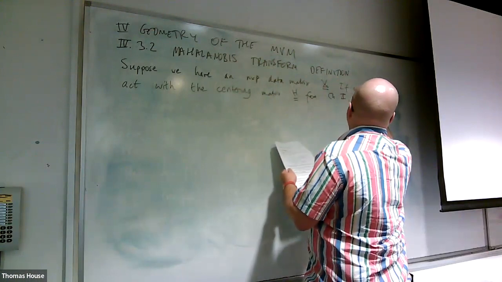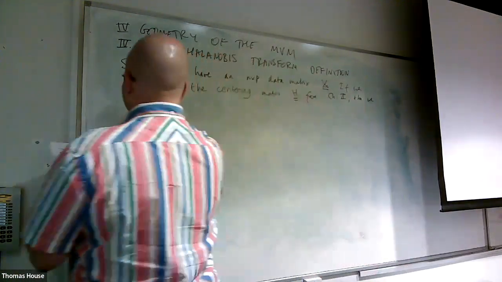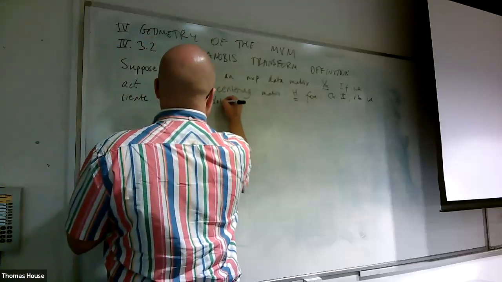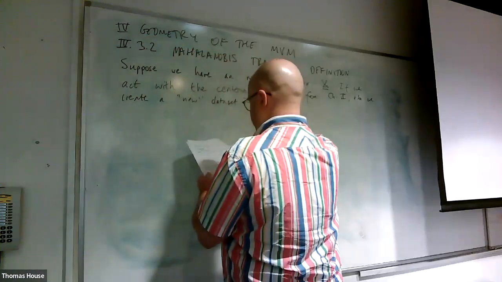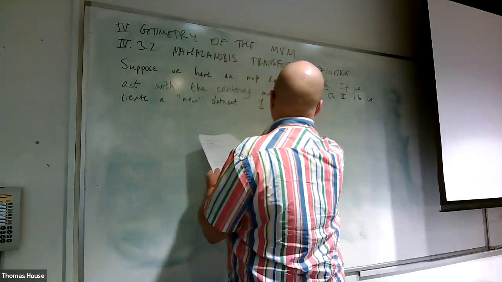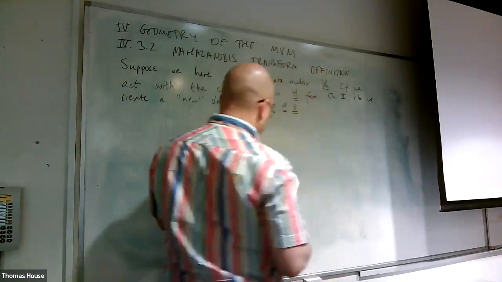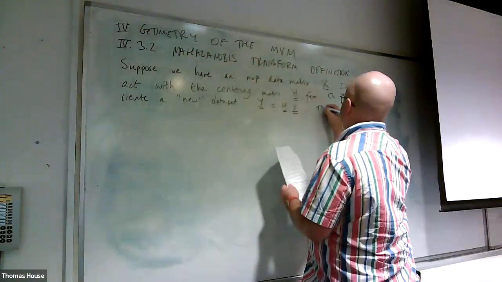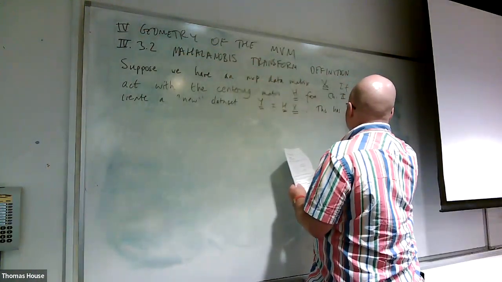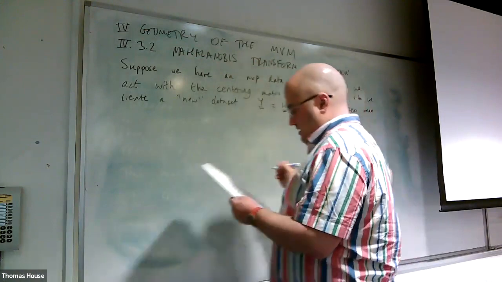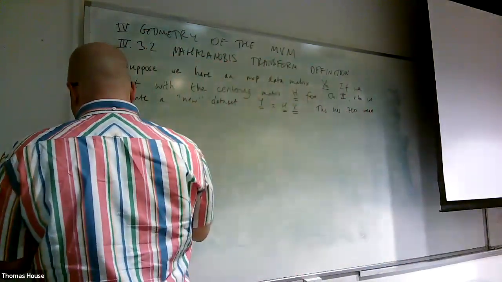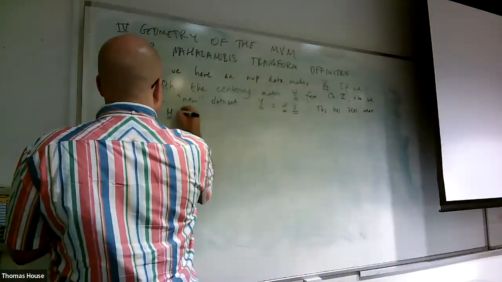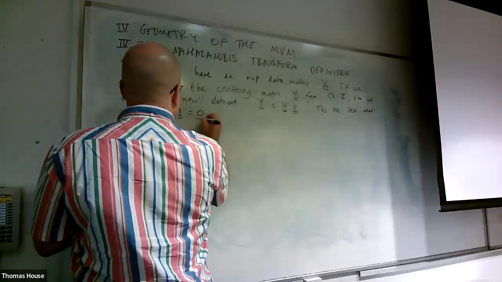Then we create a new data set Y, which is H on X. Okay, so that's taking off the mean, and this has zero mean, since H on 1 is 0.